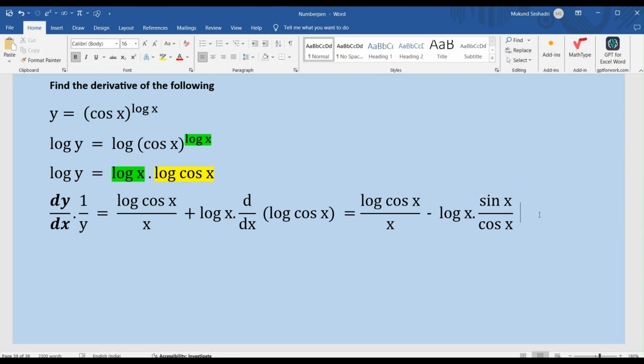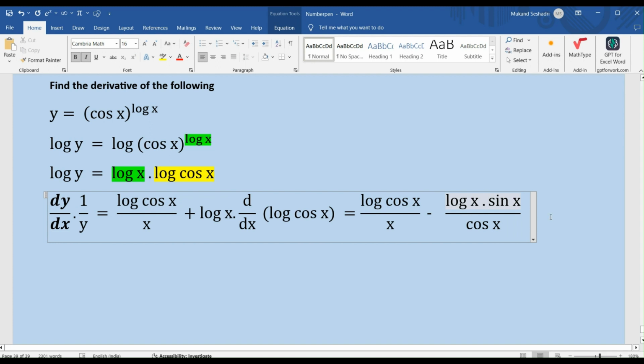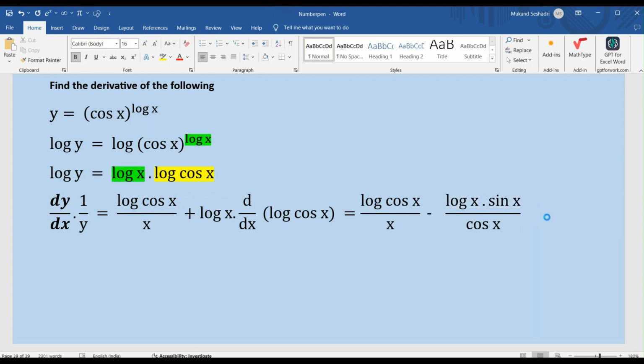So I have dy by dx times 1 by y equals log cos x divided by x minus log x sin x divided by cos x, right? Let me write it like this. This is what I have. We've almost arrived at what we want.